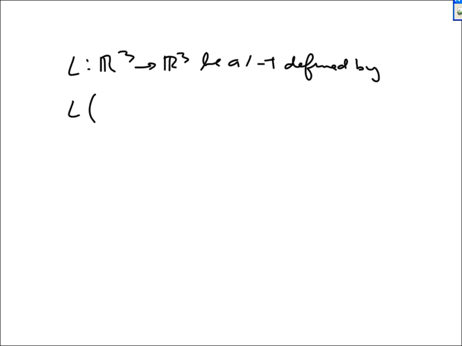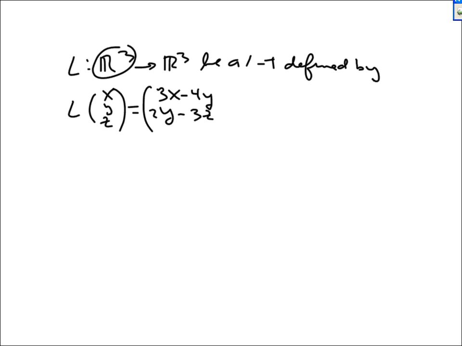Suppose L is a mapping from R3 to R3, and it is a linear transformation defined by L of a vector in R3, call it x, y, z, and we get back, say, 3x minus 4y, 2y minus 3z, and 3x minus 4z.